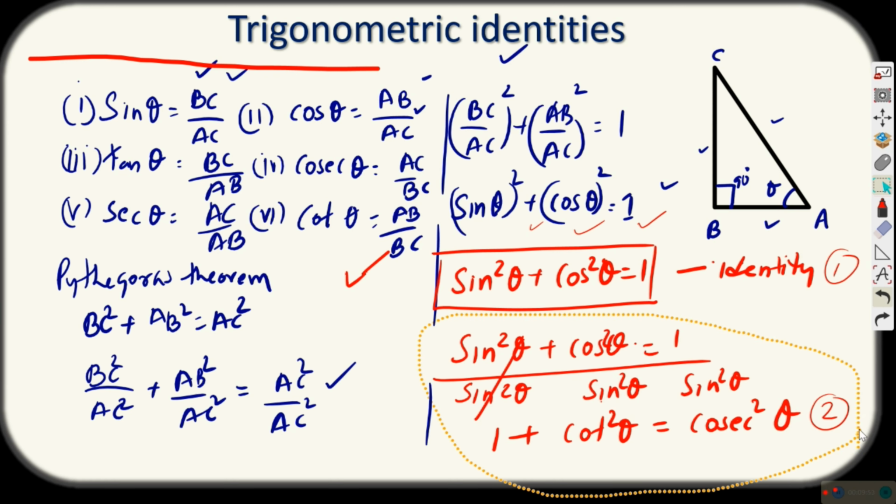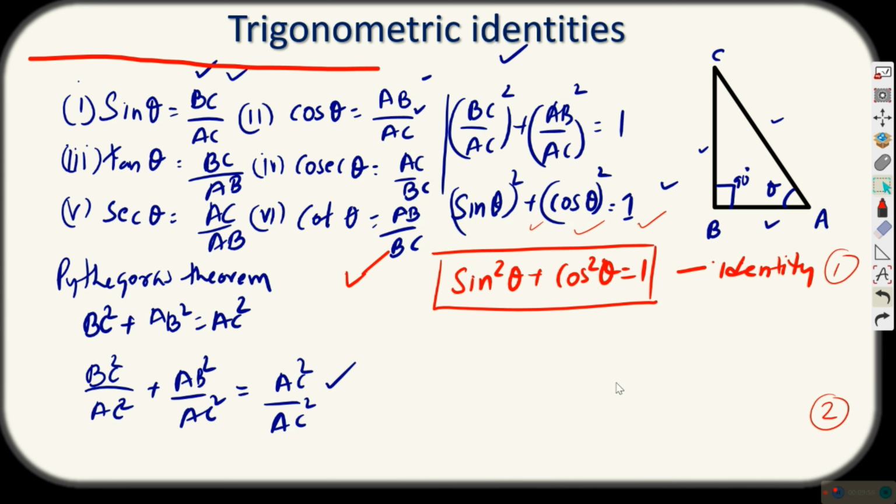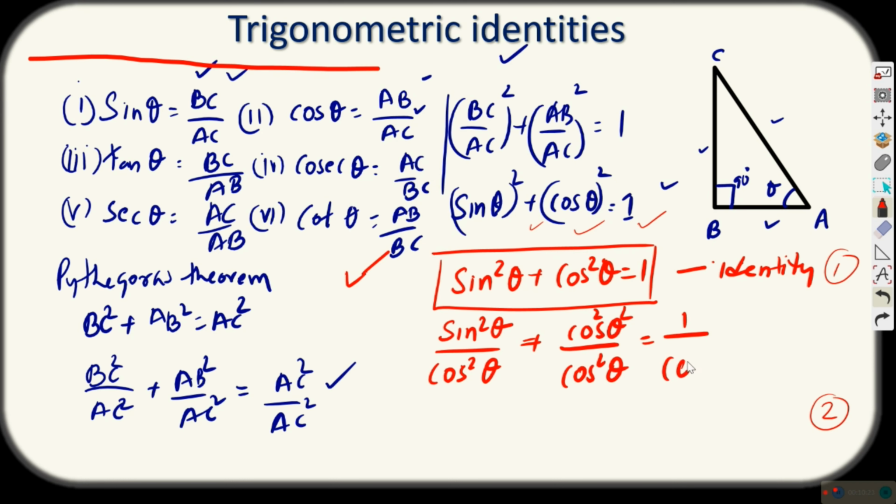I am removing the second identity you learned, for the purpose of continuing from here. Suppose I divide sine square theta with cos square theta, and cos square theta with cos square theta again, then 1 will become 1 upon cos square theta. This gets cancelled, and sine upon cos is nothing but tan, we know.